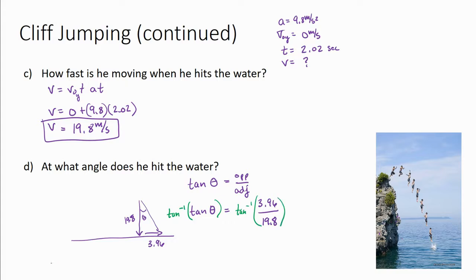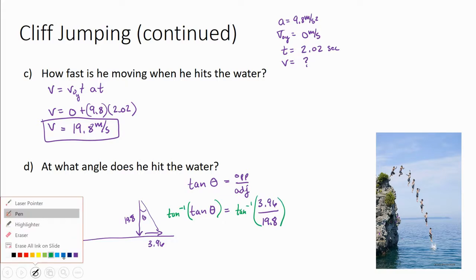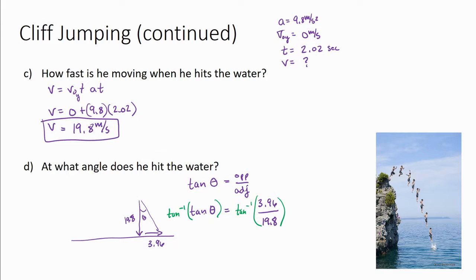So we do that. And when you inverse tangent a tangent, you just end up with theta. It undoes it, like dividing undoes multiplication. And that leaves you just inverse tangent of 3.96 divided by 19.8.